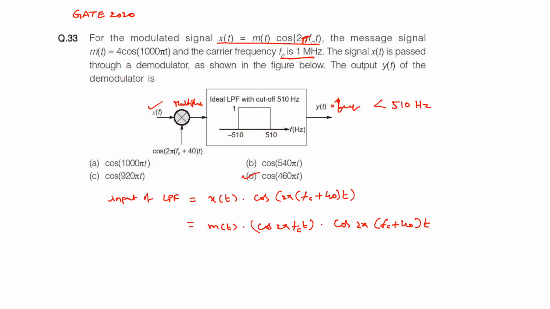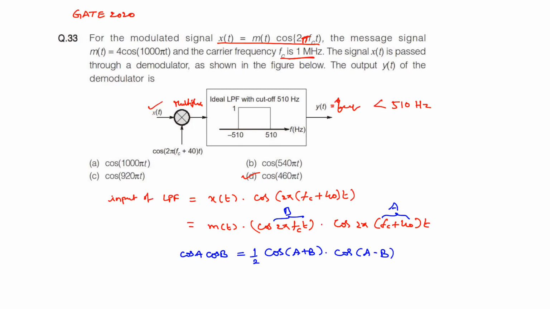We can write it this way: 2 cos a cos b is equal to cos (a plus b) plus cos (a minus b). Think of 2 pi fc t as b, and fc plus 40, whichever is bigger, as a. So the 2 can be written as 1 by 2: cos a cos b is 1 by 2 times cos (a plus b) plus cos (a minus b), and always assume a is the bigger term.